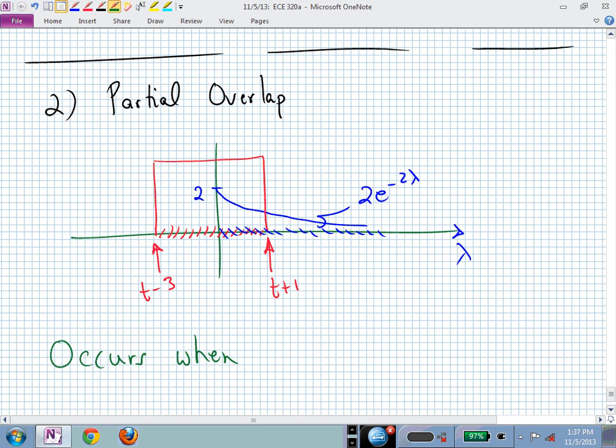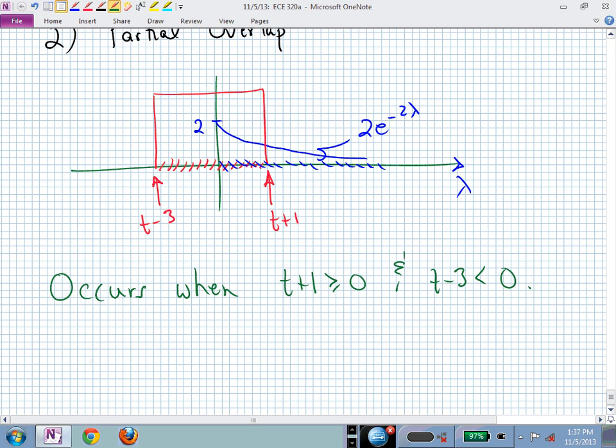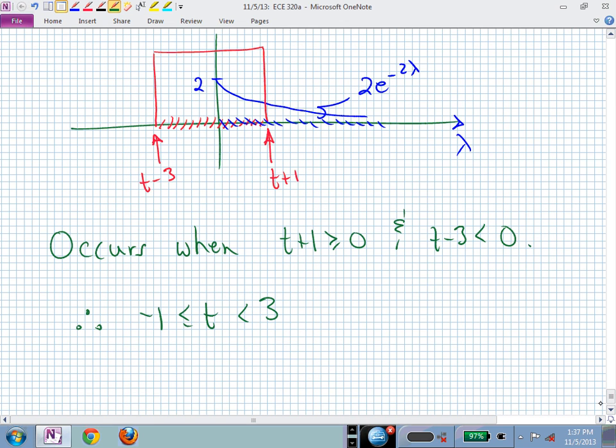This picture occurs when t plus 1 is greater than or equal to 0, and when t minus 3 is less than 0. Now you can solve those inequalities for t. The first one gives us t greater than or equal to -1, and the second one gives us t less than 3. As long as t is between -1 and 3, I have this pattern.